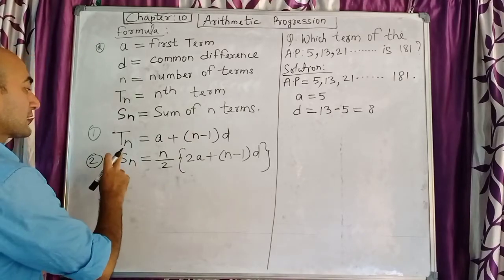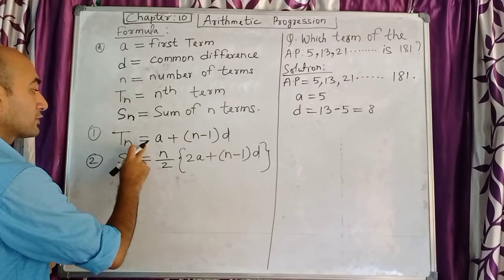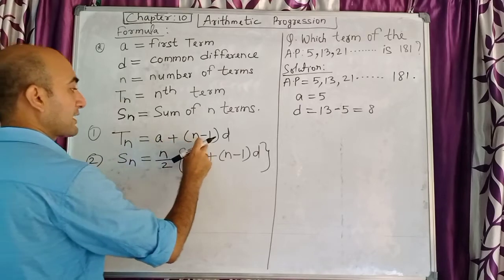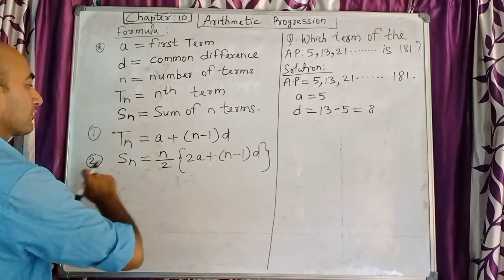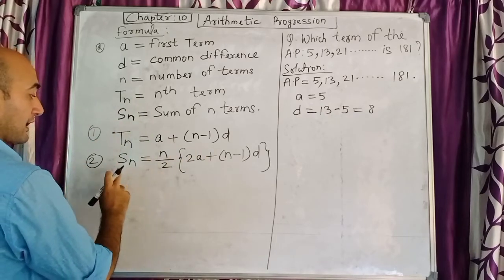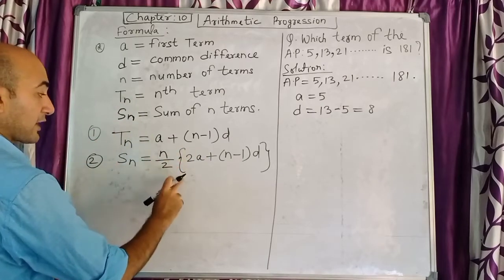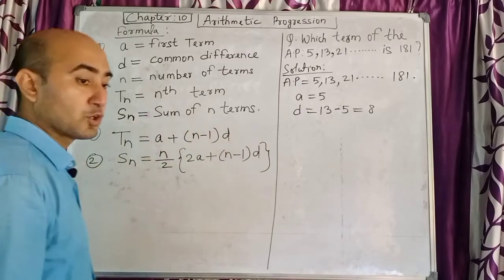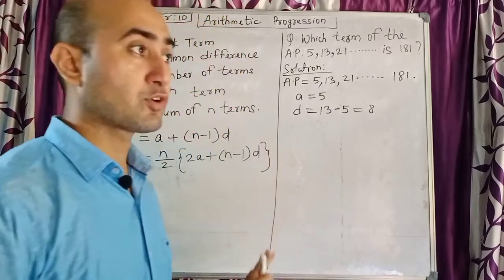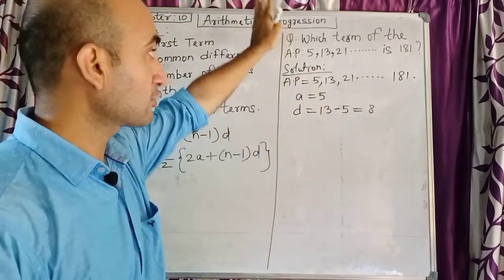The formulas are: Tn equals A plus n minus 1 into D, and Sn equals n by 2 into bracket 2A plus n minus 1 into D. Using these two formulas, I will now try to do this example.